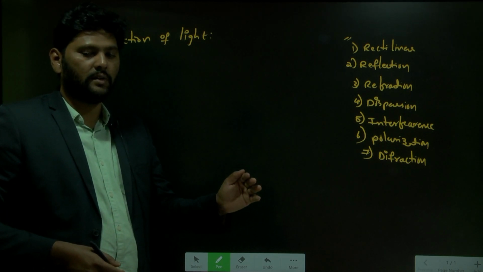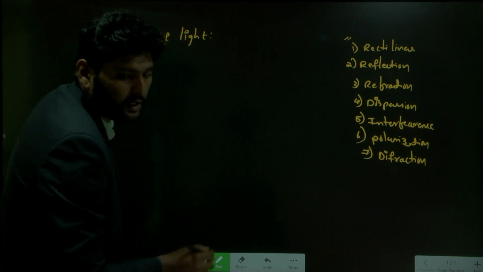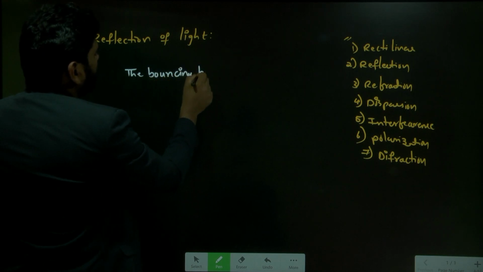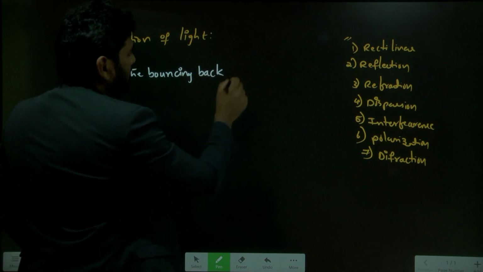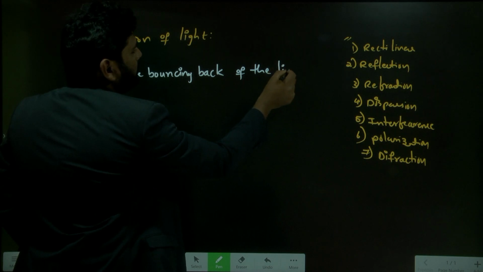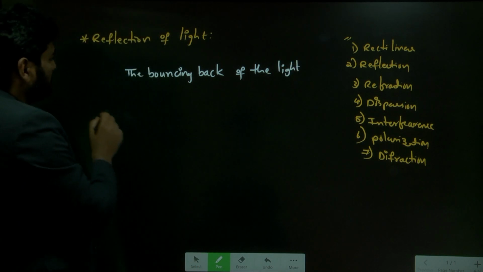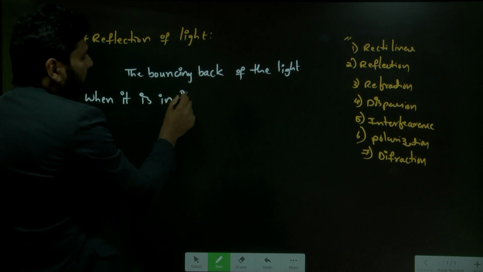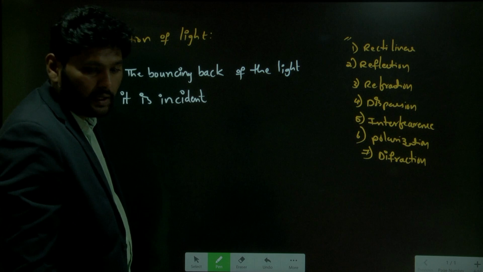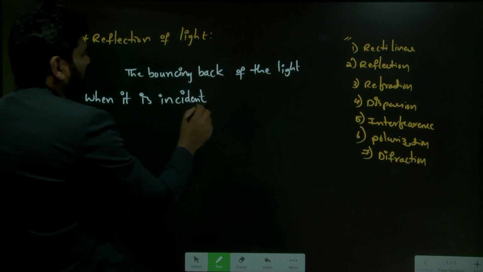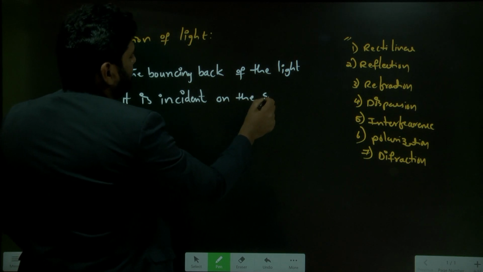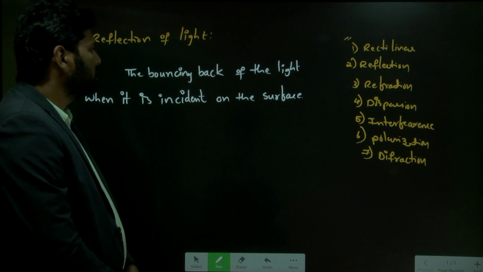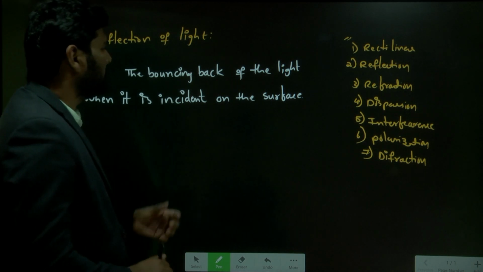Better write down: the bouncing back of the light ray when it is incident on the surface. This is meant by reflection of light.